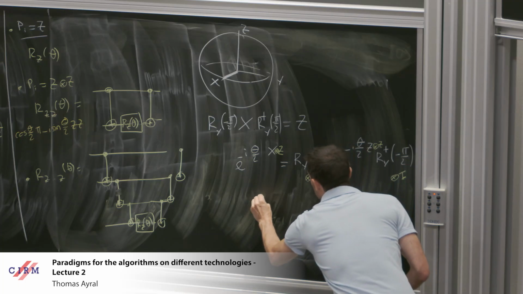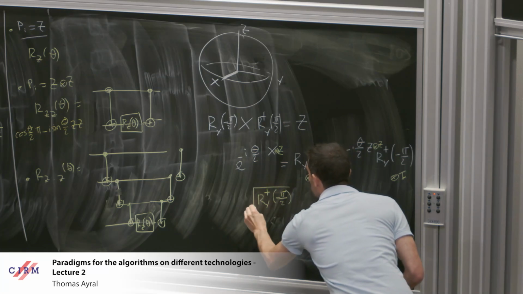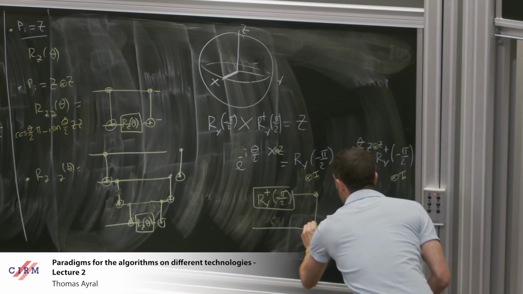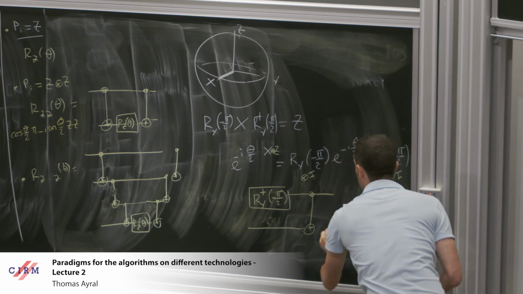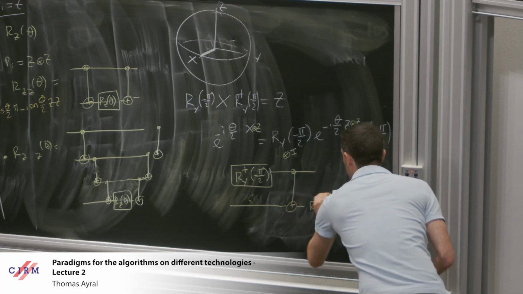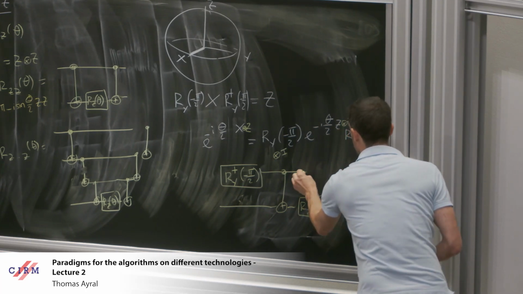So first I do R_y dagger of minus pi half on the first qubit. On the second one I do nothing. Then I do the CNOT gates, then I do RZ of theta, and then I do my CNOT gates again.